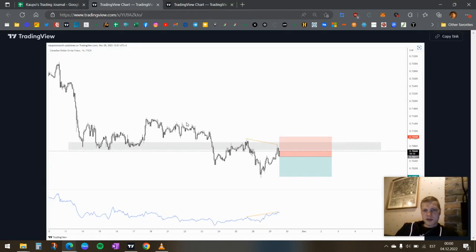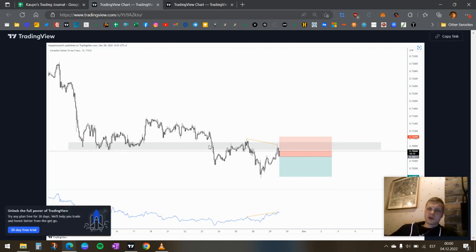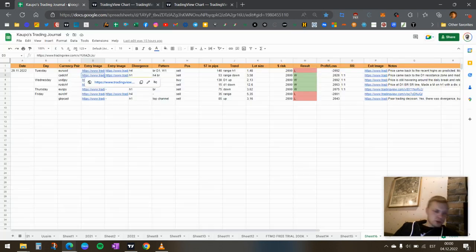H1 divergence here, and simply a break and retest trade with a divergence in a downtrend. So that's essentially it, and it was a winner.